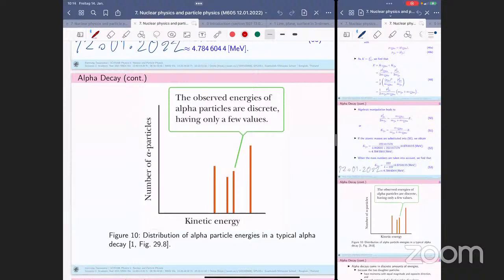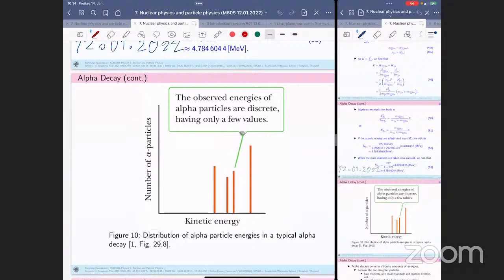We are at the end of the alpha decay, and M604 just started this one. The observed energies of alpha particles are discrete because they have a certain power spectrum.